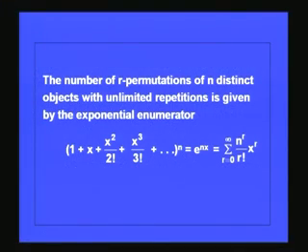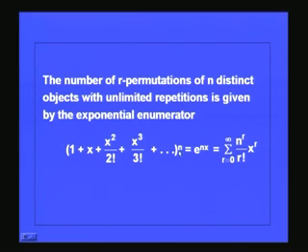So, the number of r permutations of n distinct objects with unlimited repetition is given by the exponential enumerator like this. You have n objects and each object you can repeat any number of times. For the first object the exponential enumerator will be 1 plus x plus x squared by 2 factorial etc. Second object again it is the same, like that for each one of the objects.